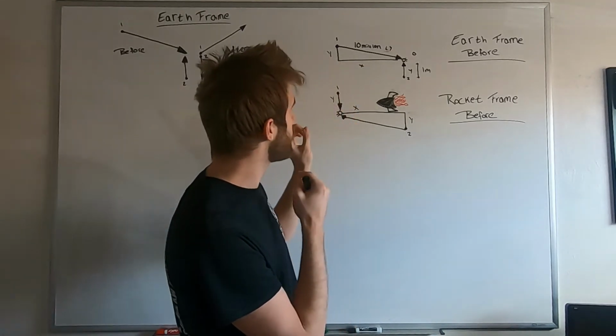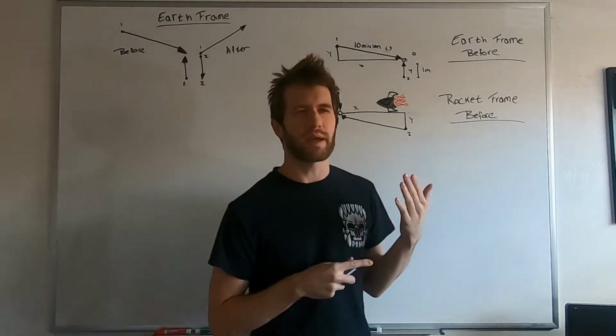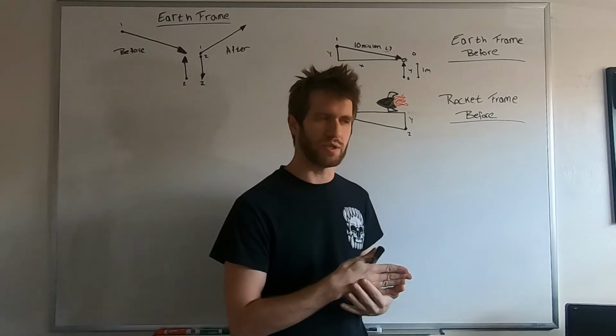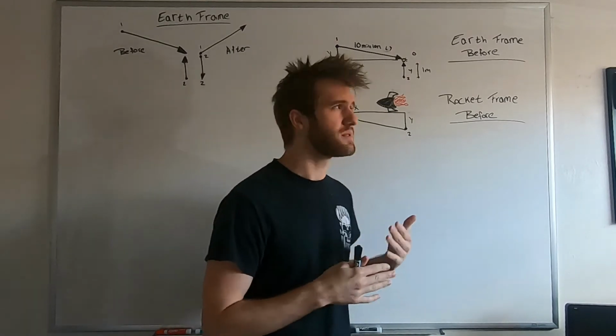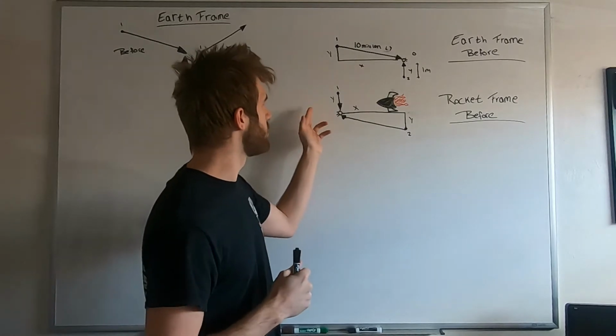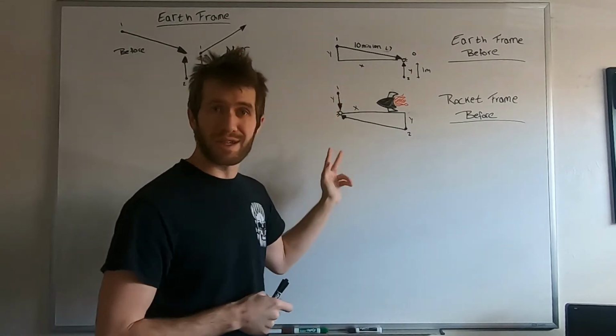Now, when we move on to a separate frame of reference, where now we have a rocket moving in the x direction, well, the rocket is moving at such a speed such that the events 1 and 0 are shifted vertically with respect to the collision now.